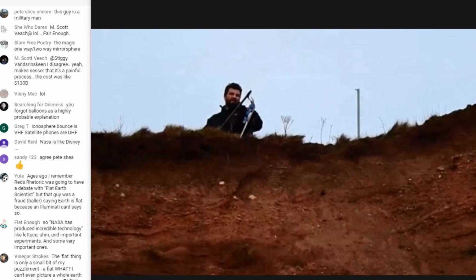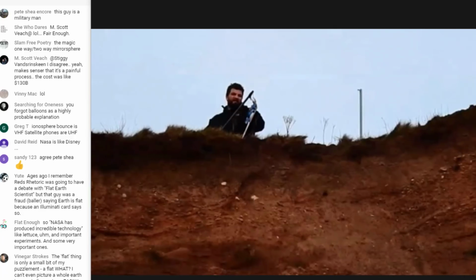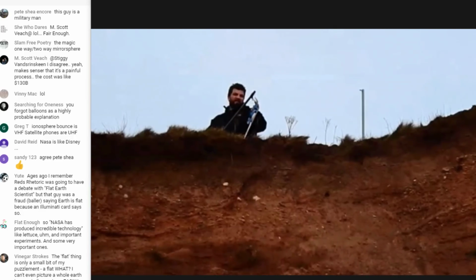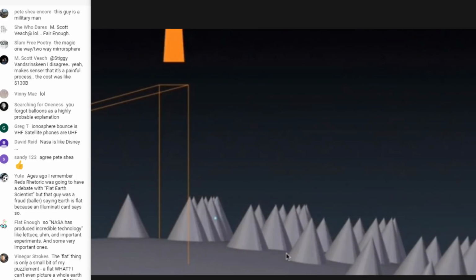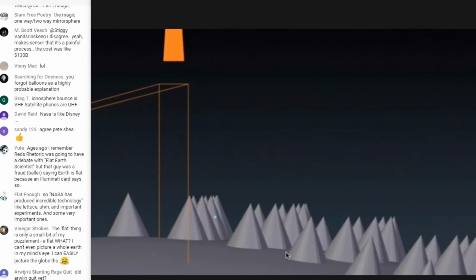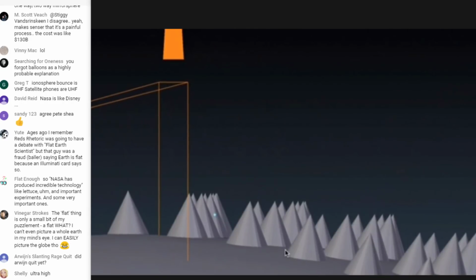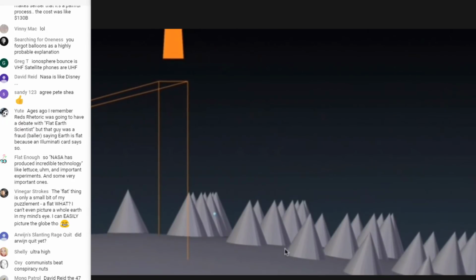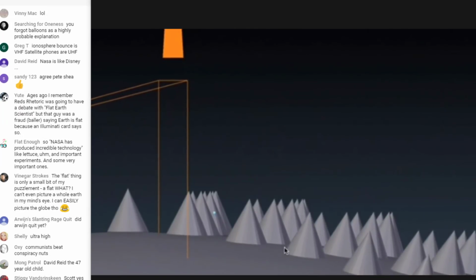Is it not possible that if milliseconds, you're just getting a bounced signal off the ionosphere? No, because you would never get a position fix off one satellite. It's impossible. Well, I say it's impossible, it's incredibly improbable. You need triangulation from 3 satellites to get a fix, and that's done off timing.